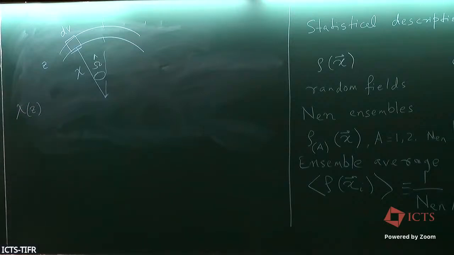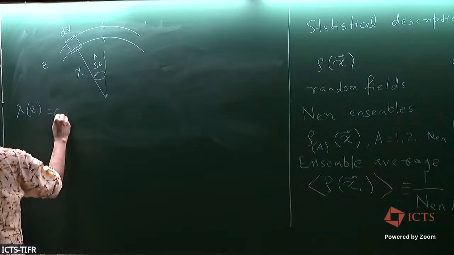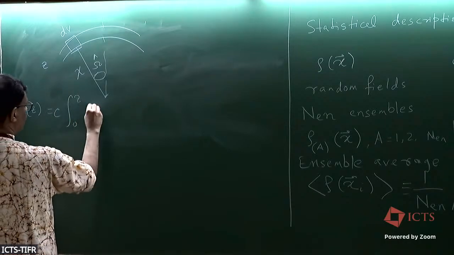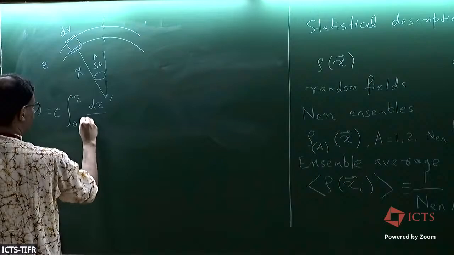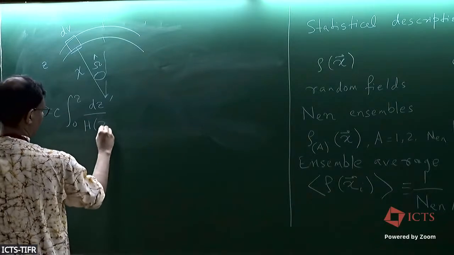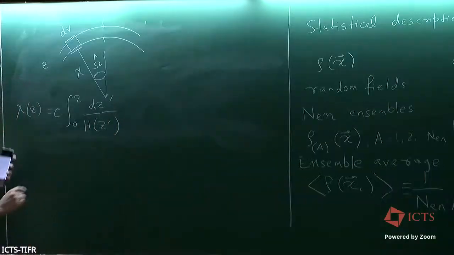Now the co-moving distance to redshift z is nothing but c times the integral from 0 to z, dz prime, over H of z prime. This is the relation between co-moving distance and the redshift.